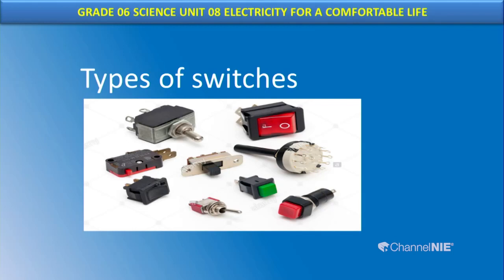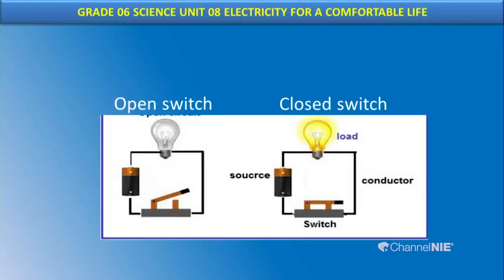You can watch. There are different sizes, different colors and different shapes. Now, this is the circuit we prepared at the beginning of the lesson. The first picture shows an open switch.